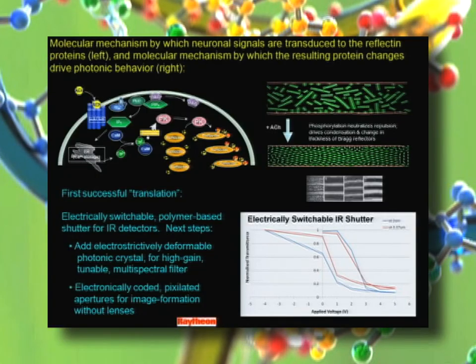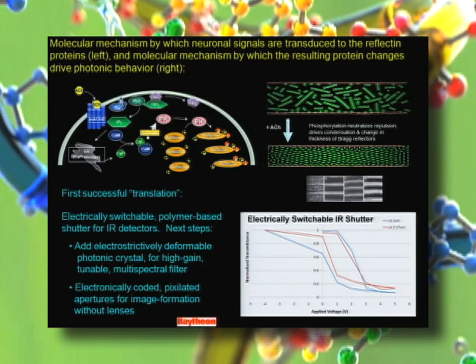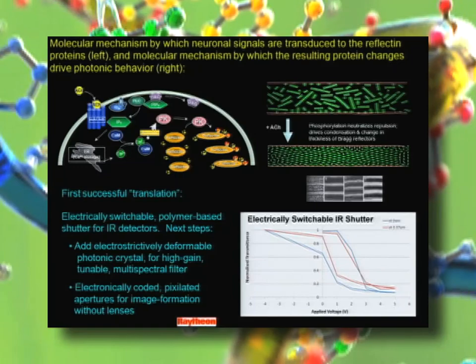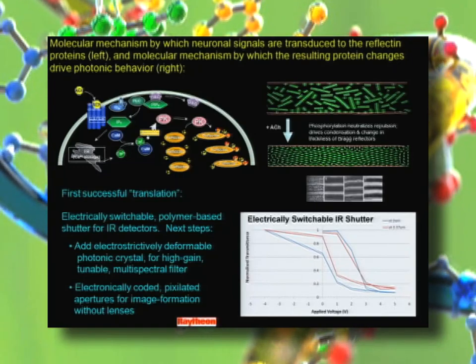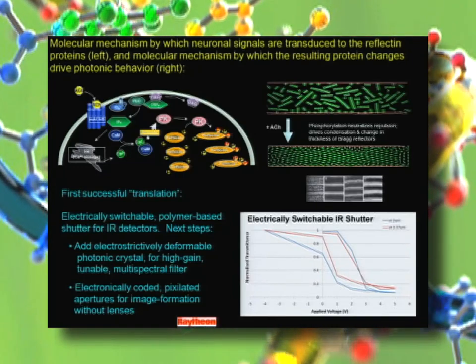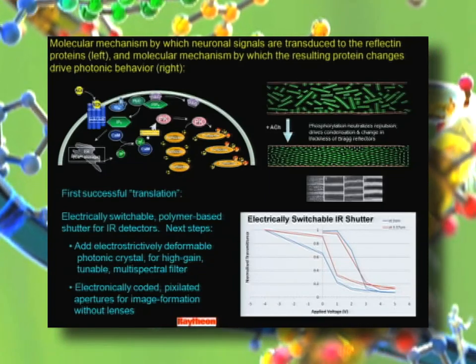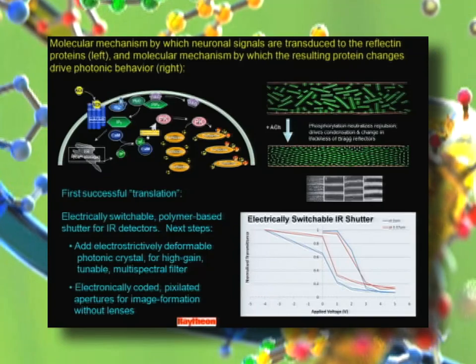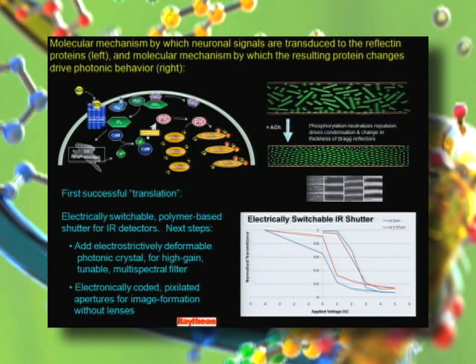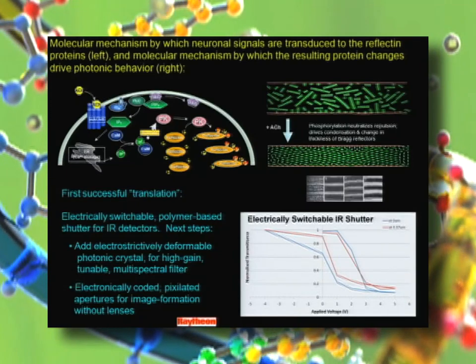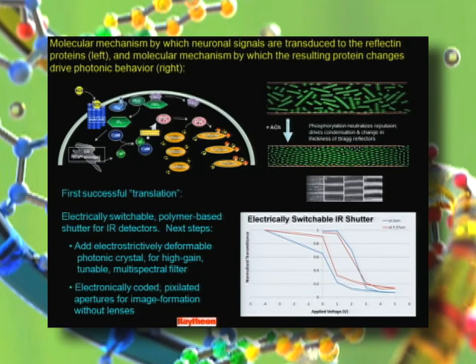an electrically switchable, polymer-based shutter for infrared detectors. Here, when low voltage is applied, the polymer thin film converts from being transmissive in the infrared to opaque. The next steps in this project are to add electrostrictively deformable photonic crystals for a high-gain tunable multispectral filter.